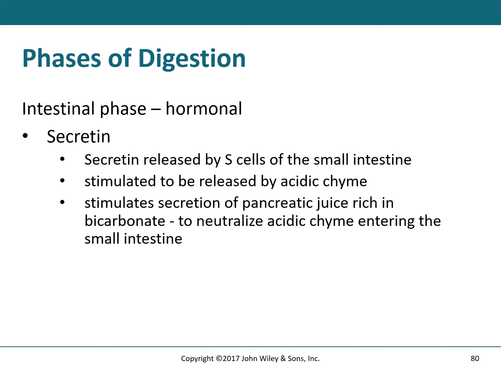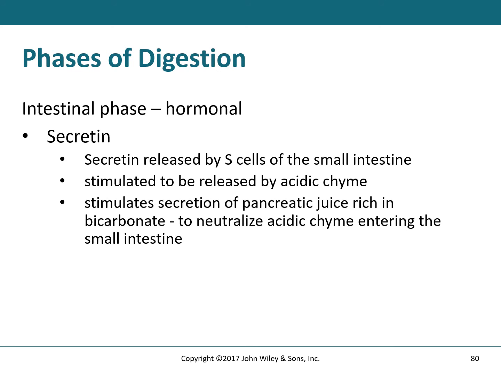The other hormone that's secreted by the small intestine is secretin, and that's released by S cells. And it's stimulated to be released when very acidic chyme enters the duodenum. And what this does is it causes secretion of pancreatic juice that has a lot of bicarbonate in it.